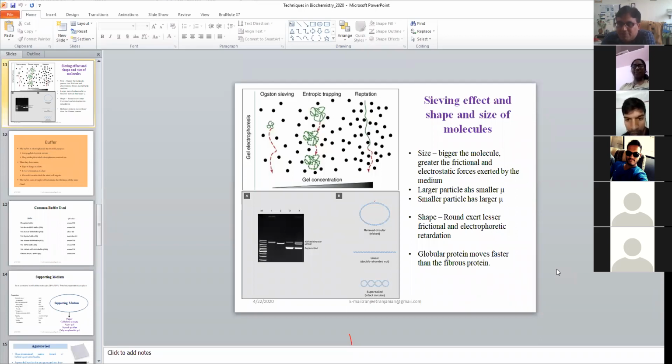One term I have written in the book is that globular protein moves faster than fibrous protein. Many times it is also asked that globular protein, because of its shape, moves faster than fibrous protein, which has an extended shape and most of the time will be entangled in the pore space of the gel or the medium.